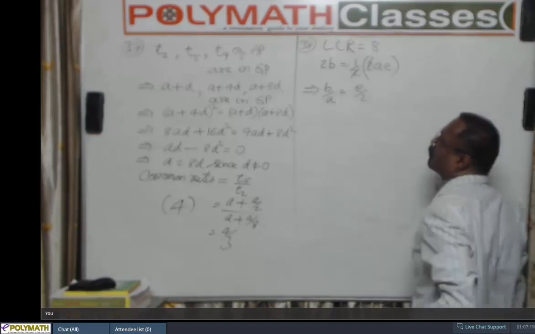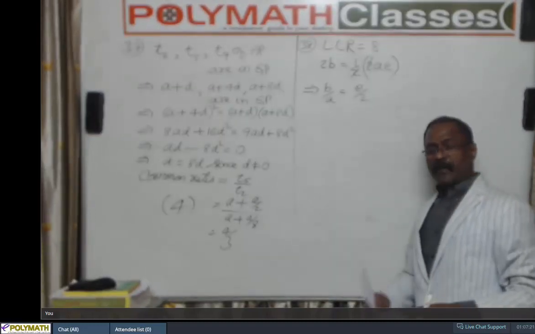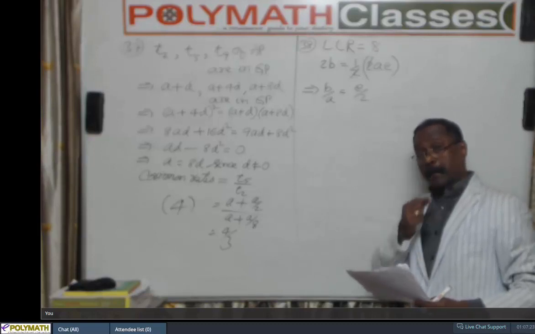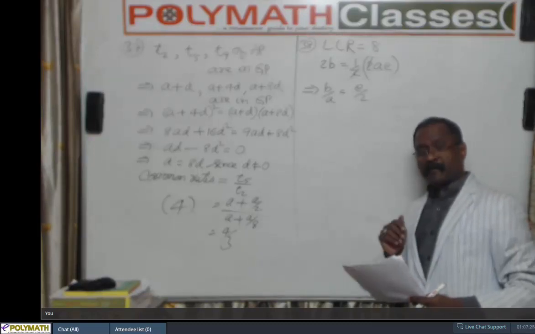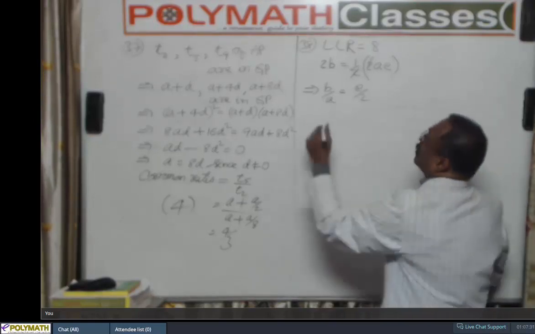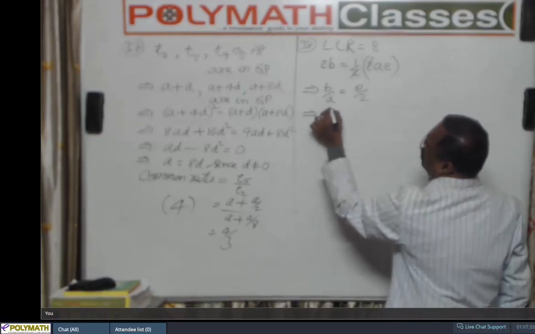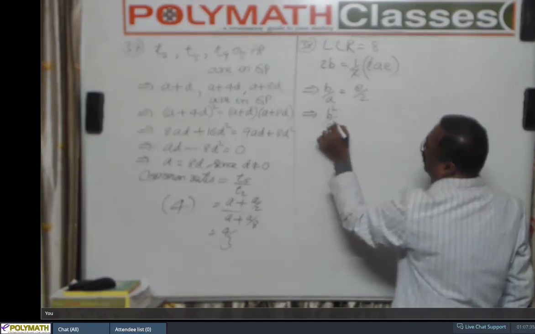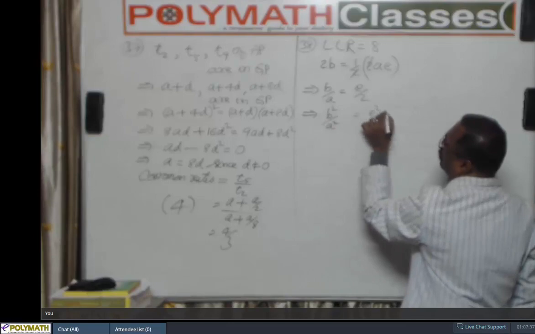Always in this type of problem you have to create B by A. If you create B by A, the problem goes easy for you. How? Squaring on both sides, B square by A square is equal to E square by 4.